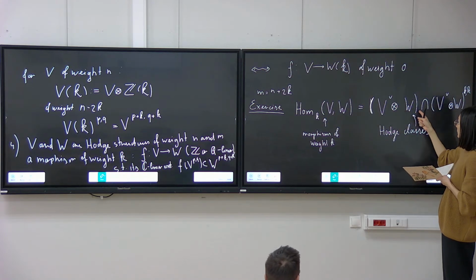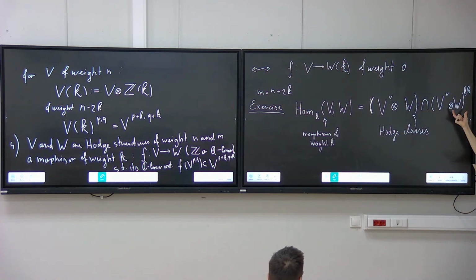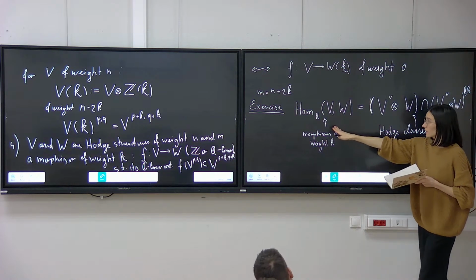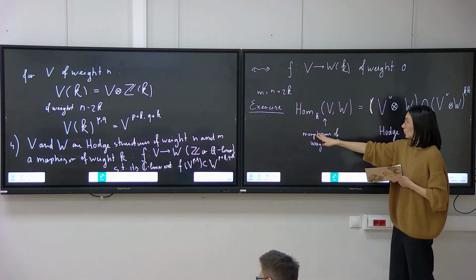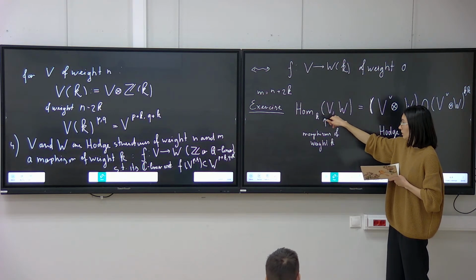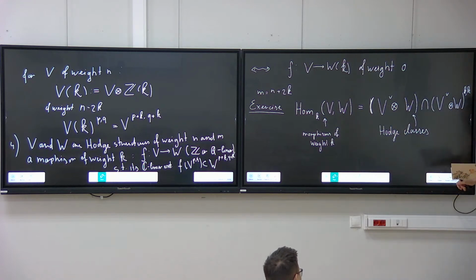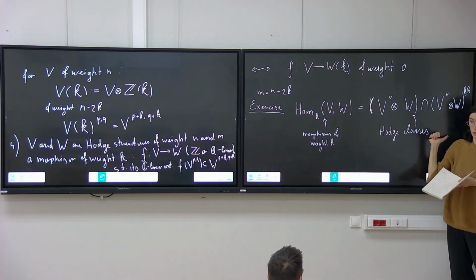So this is the Hodge structure of weight 2k, and we just take Hodge classes in it. And the exercise is to show that this gives you morphisms from Hodge structure V to Hodge structure W of weight k. Okay, so as in linear algebra.